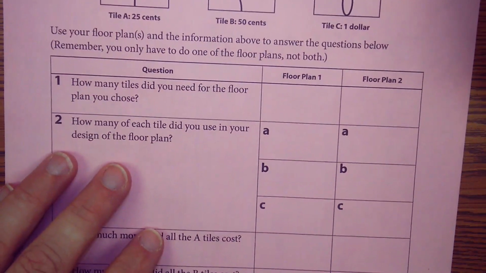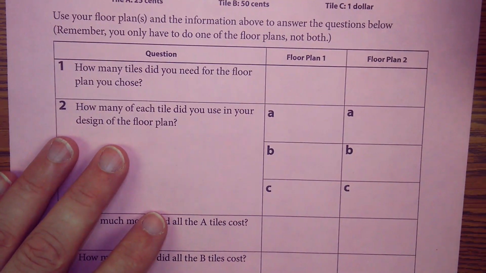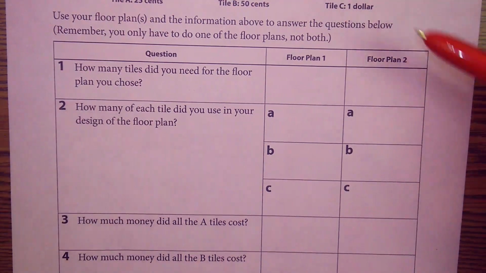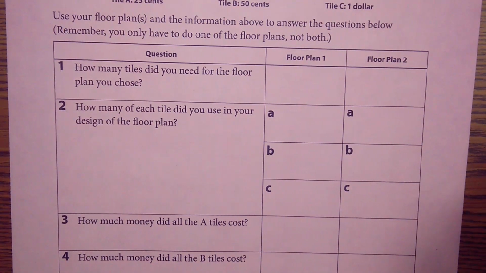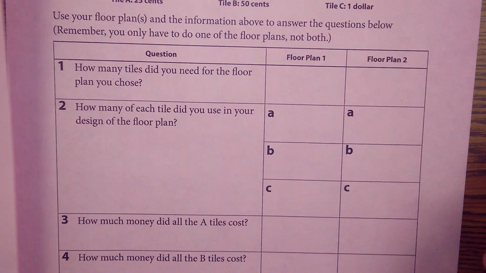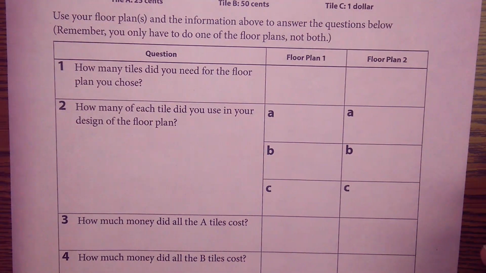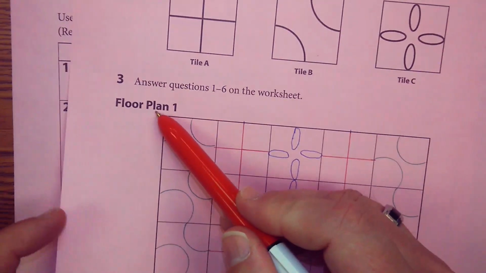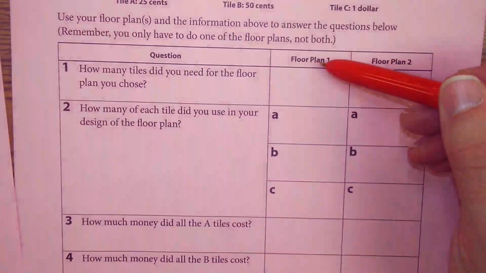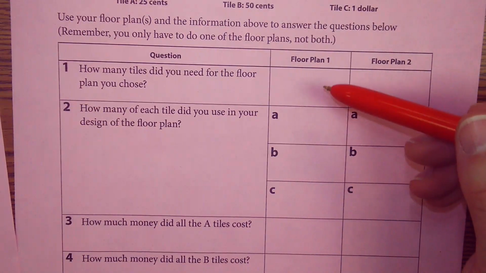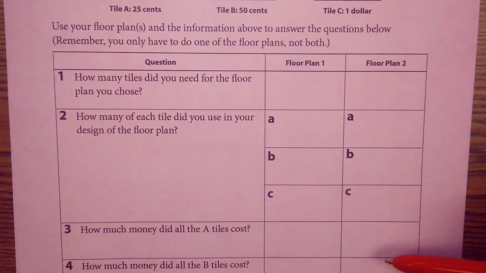Now, answer the questions about your tiles. I'm going to answer my questions, but of course yours is going to look completely different because your tiles are unique. So if you did floor plan 1, like I did, you put your answers in this column under floor plan 1. If you did the very large floor plan 2, then your answers are going to fall underneath here.